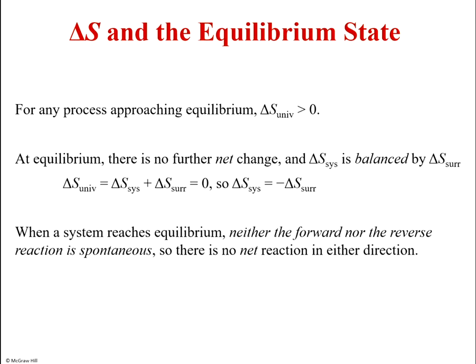We're finished. There's no net change in the system. And delta S for the system is balanced by a delta S for the surroundings, such that delta S for the universe is now 0. When the system reaches equilibrium, neither the forward nor the reverse reaction is spontaneous. We're now at equilibrium, and there is no net reaction in either direction.